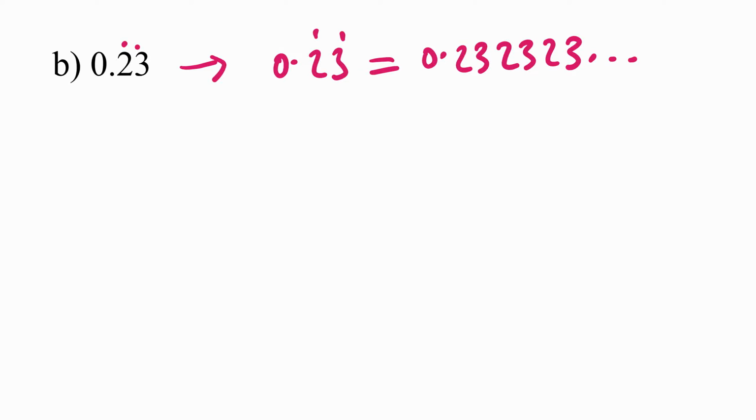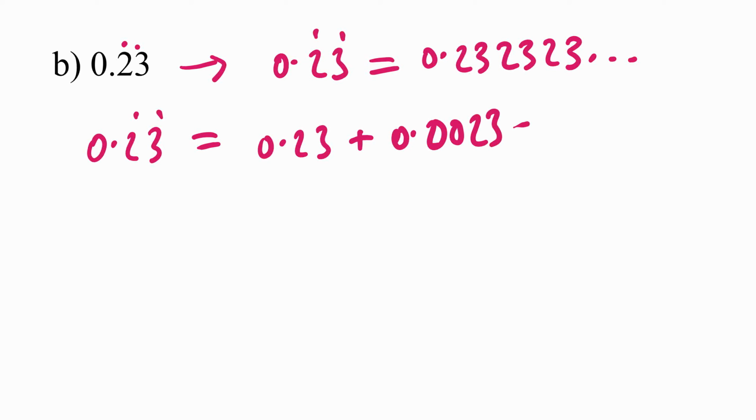You can elaborate it more: 0.23 repeating equals 0.23 plus 0.0023 plus 0.000023, it goes to infinity.